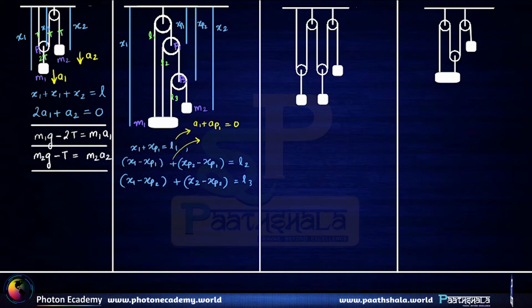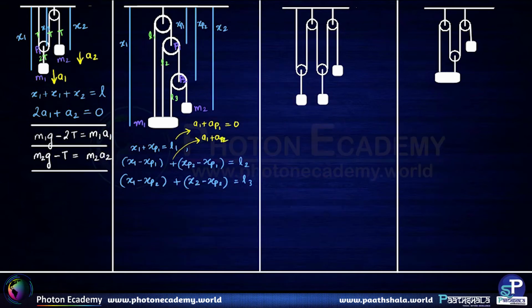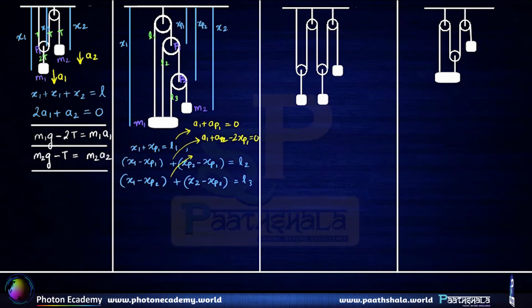From the second equation, we happen to get a1 plus ap2 minus 2 times ap1 equal to 0.